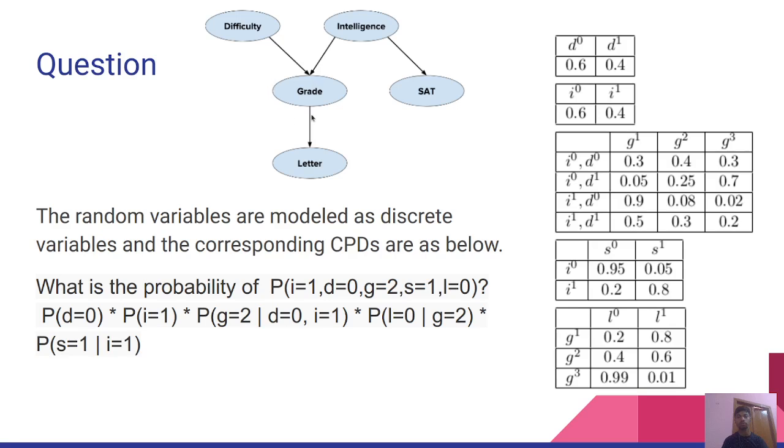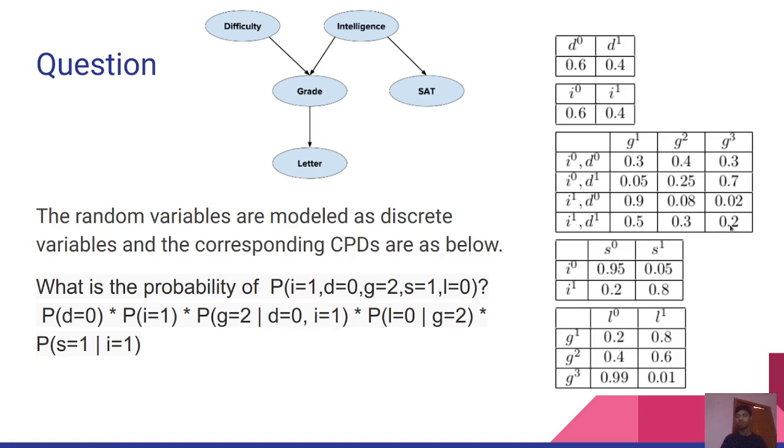So what is the P of G equal to 2 given we have I equal to 1 and D equal to 0? This is the table for that, I, D and G. So which one is the correct here? This equation, P of G equal to 2 given D equal to 0 and I equal to 1.